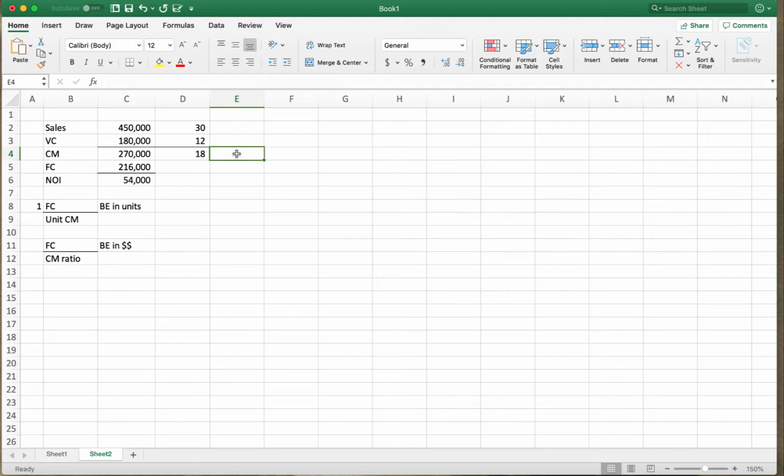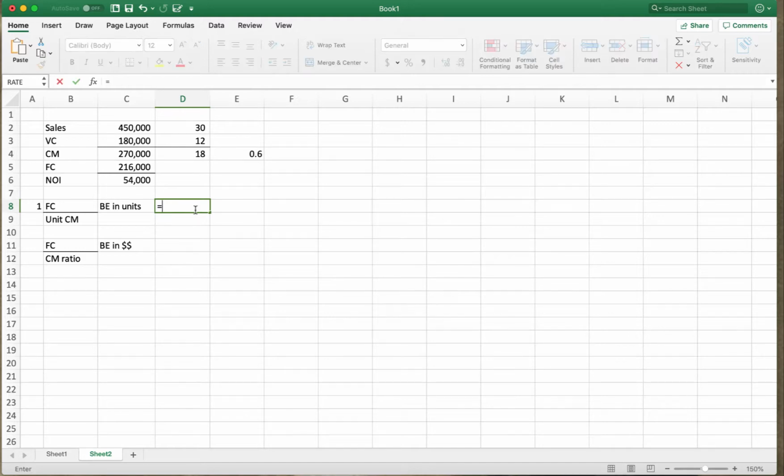We take our $18 and divide that by our sales price of 30, so our contribution margin ratio should be 60%. But I didn't need to do that, because once I get the break-even point in units, I just multiply by the sales price, and that gives me break-even in dollars.